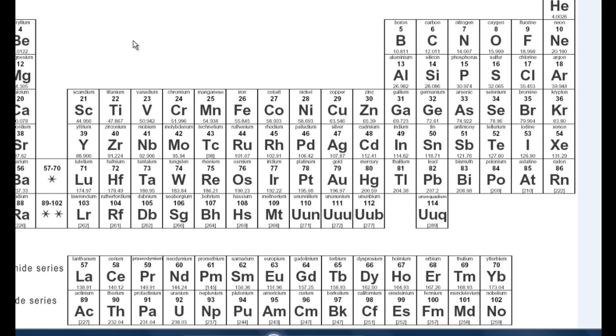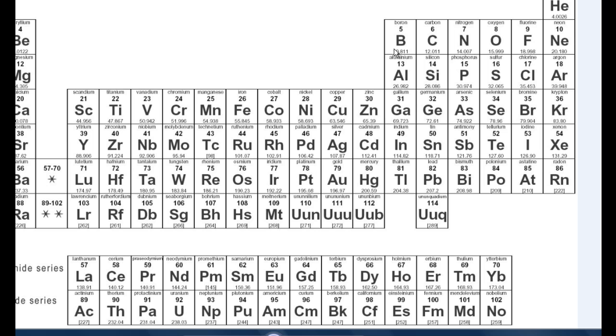Basically, all these little numbers under the element's name represent the grams per mole of a substance. As you can see, for aluminum it's 26.982, and it changes for all of these.